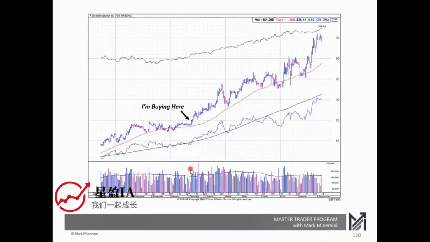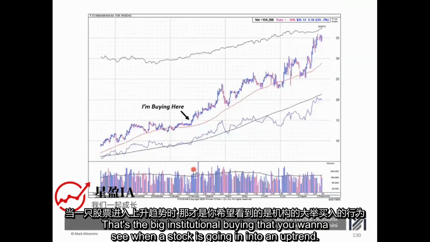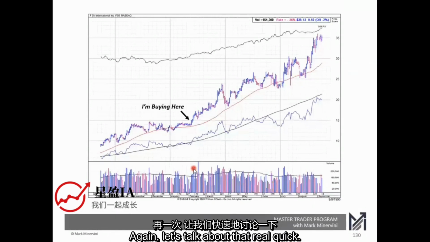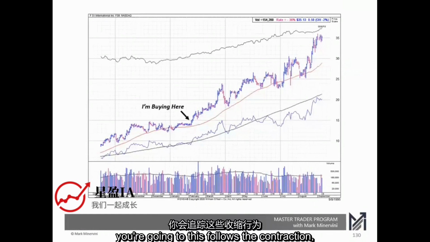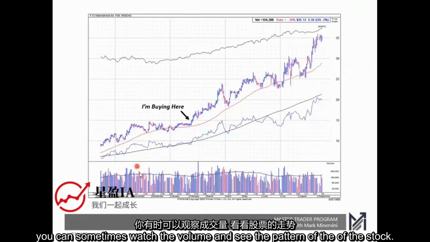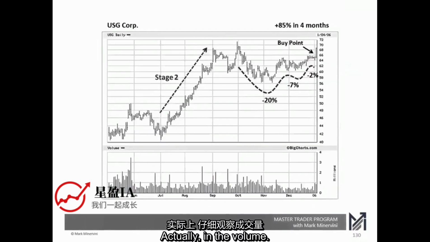That's the big institutional buying that you want to see when a stock is going into an uptrend. So again, let's talk about that real quick. When you have the contractions and you're going through this volatility contraction, you want to see volume also contract. As Dave says very often, you can sometimes watch the volume and see the pattern of the stock actually in the volume. So let's take a look at another example.